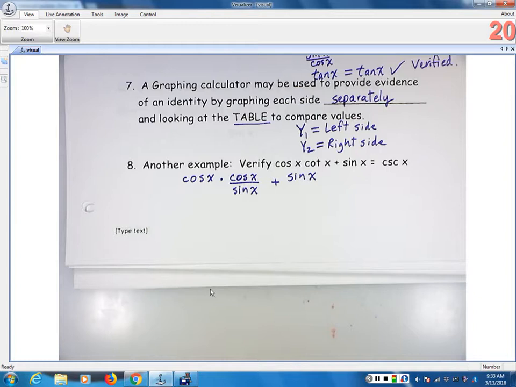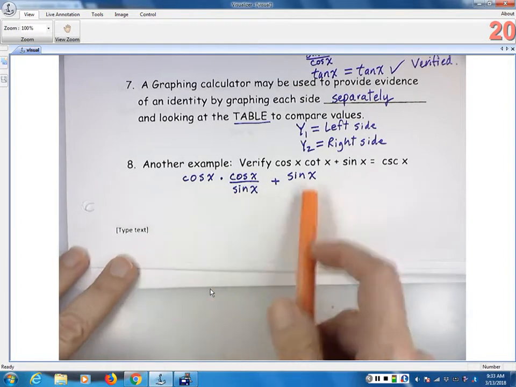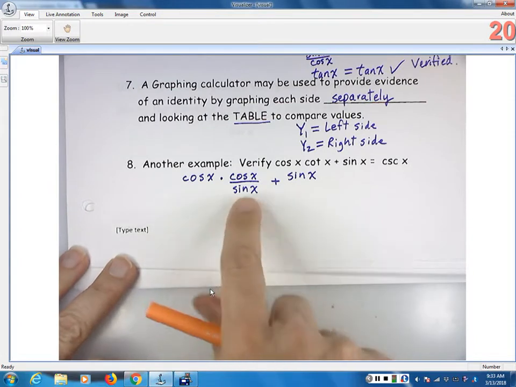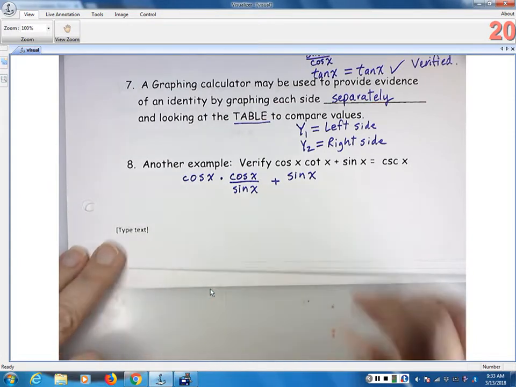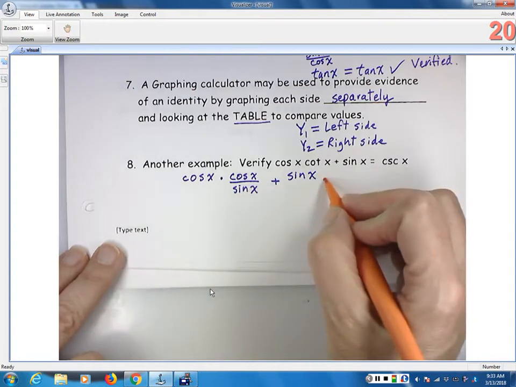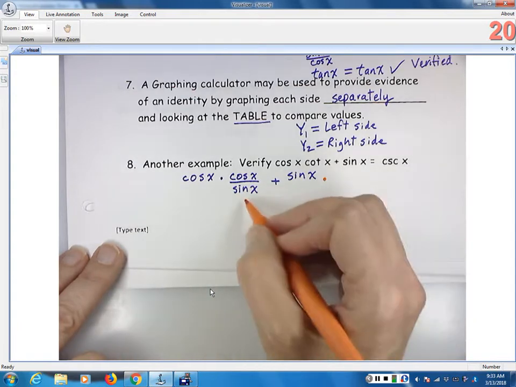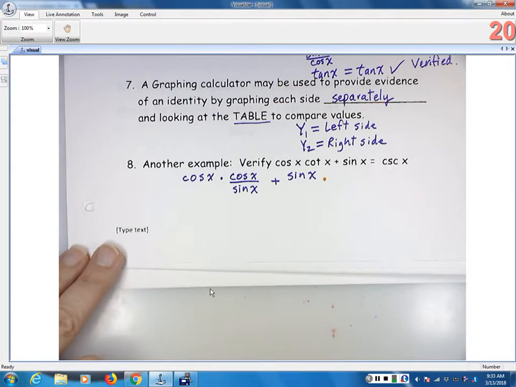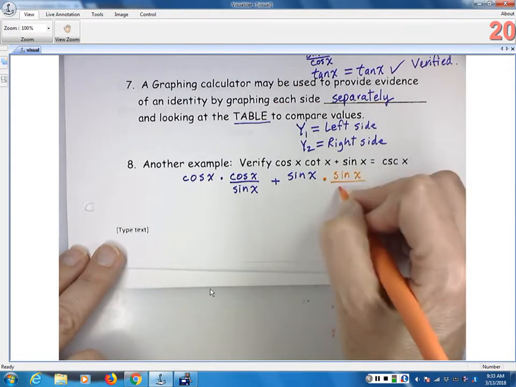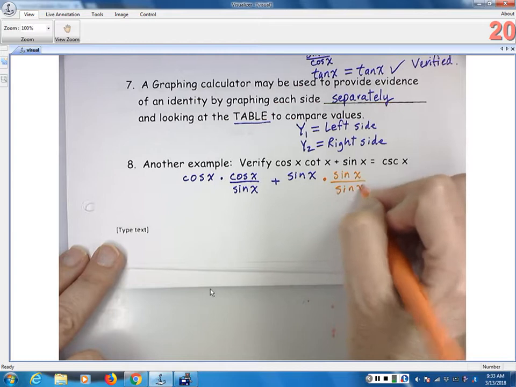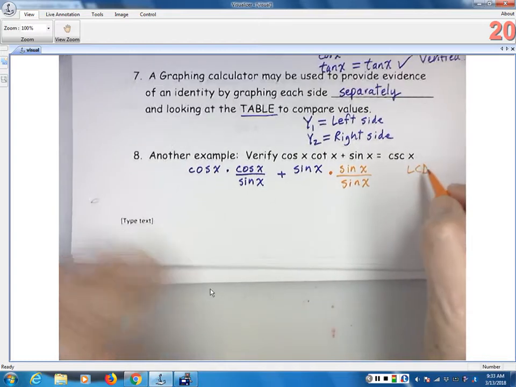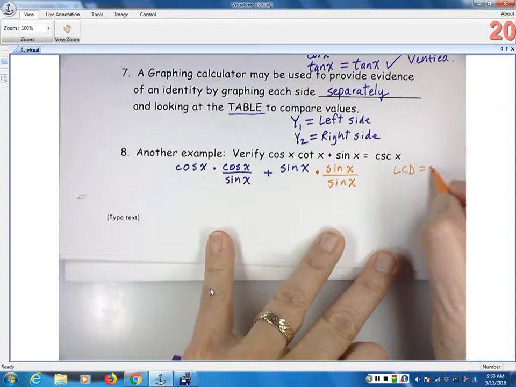In order to add fractions, we need a common denominator. How do we get a common denominator? What is the LCD? Sine of x. So this already has the LCD. We have to multiply this by what to get the LCD of sine x? Sine x over sine x. Right. The LCD, the lowest common denominator, is sine x.